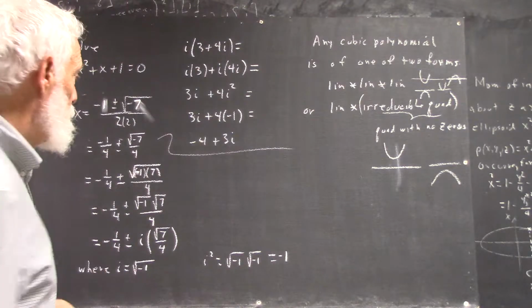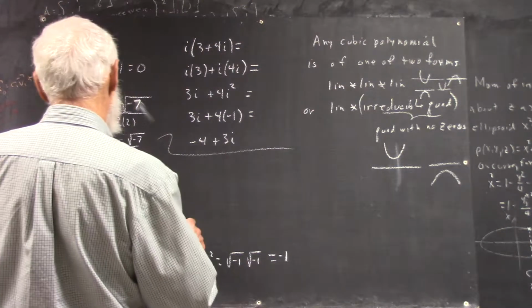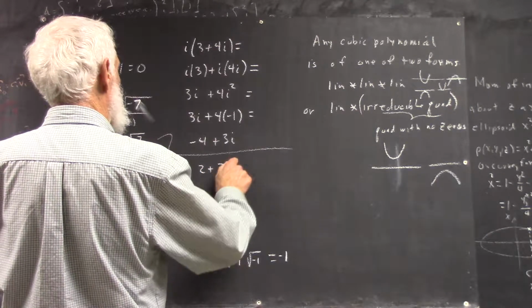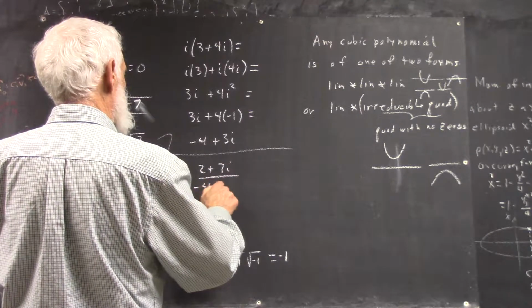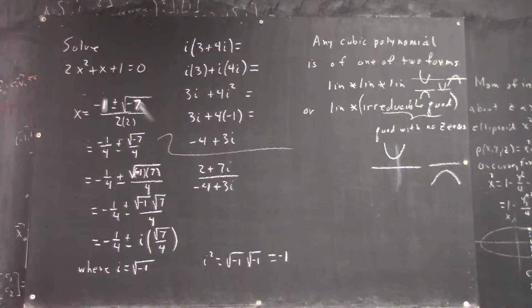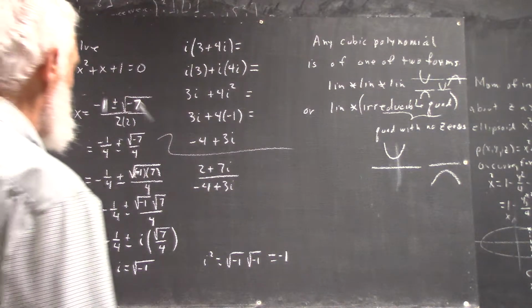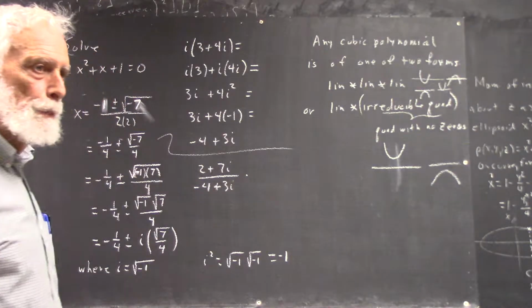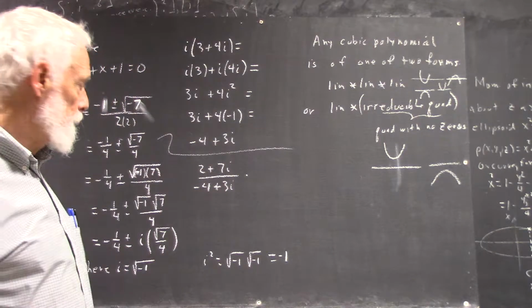Okay? So what if I wanted to do 2 plus 7i divided by negative 4 plus 3i? Well, once you do the homework, you'll understand this. I multiply by what's called the complex conjugate.